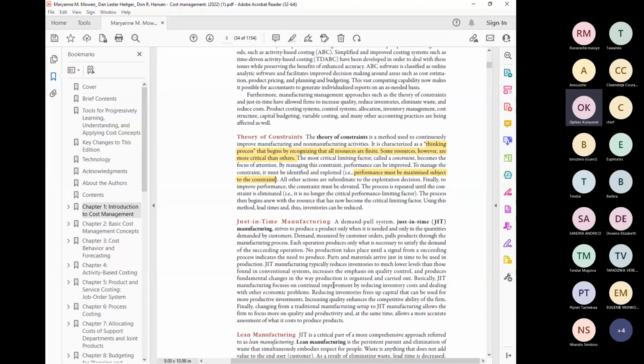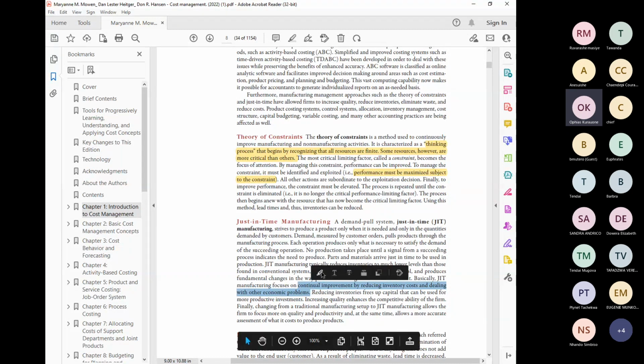They are saying no production should take place until it is needed. In fact, JIT manufacturing focuses on continual improvement and reducing inventory costs, dealing with the other economic problems. Likewise, the inventory costs, the direct costs and holding costs should also be improved.